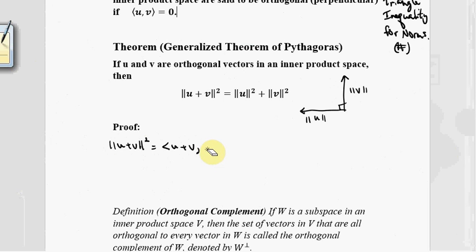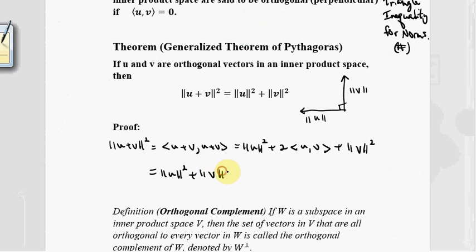You start with the same proof as for the triangle inequality for norms, and see what happens. This is the norm of u squared plus 2 times the inner product of u and v plus the norm of v squared. Well, this is equal to the norm of u squared plus the norm of v squared, because the inner product is 0, because the two vectors are orthogonal. That's it.